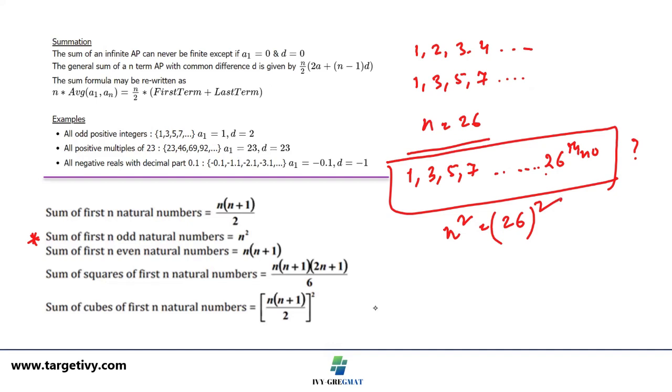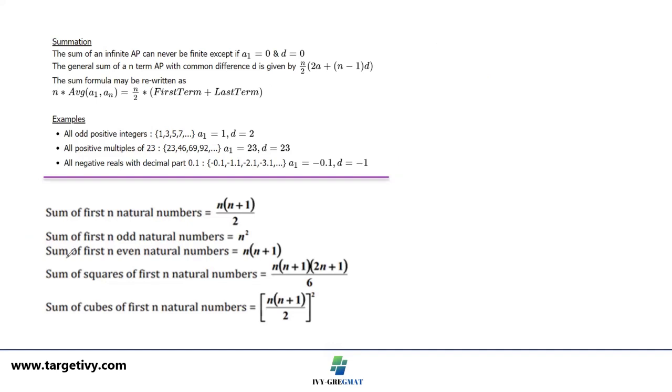Let's take the third one. The first n even natural numbers. So again, we know 1, 2, 3, 4 are natural numbers. The even natural numbers will be, the first one will be 2, followed by 4, followed by 6, followed by 8, 10.